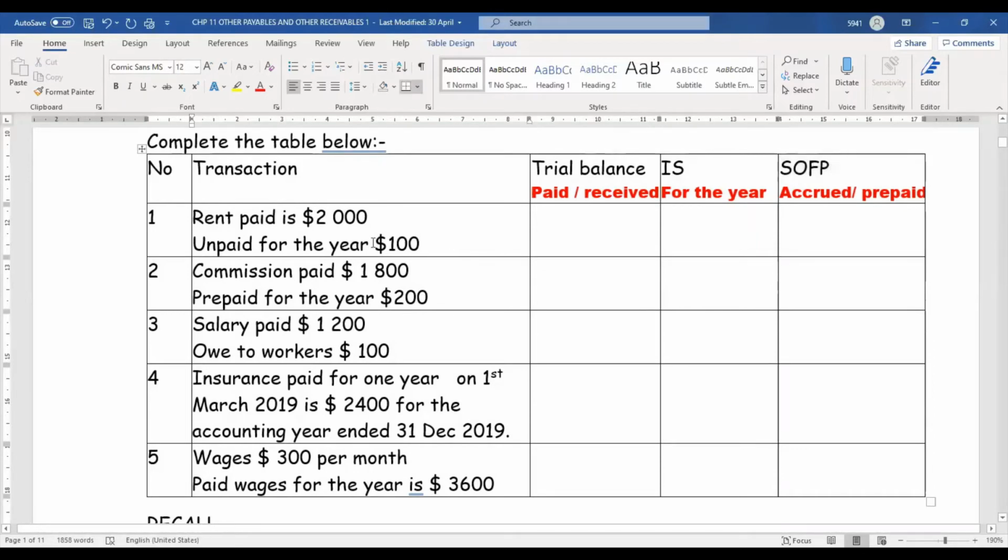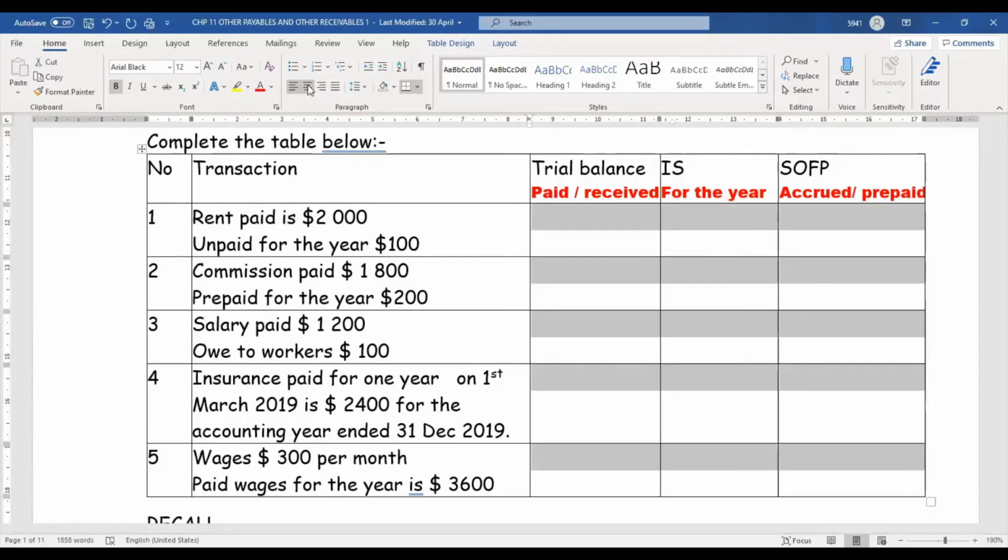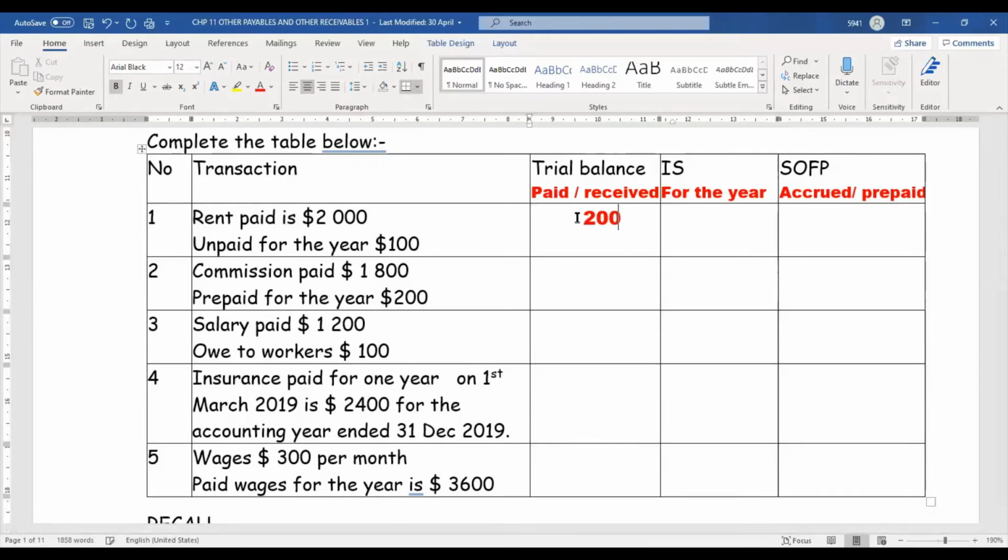Okay, first one. We do question number 1. Rent paid is 2,000. So in your trial balance for this rent, how much will they record here? They will record 2,000, because we paid 2,000. Again, unpaid means we haven't paid. Unpaid rent for the year is 100.